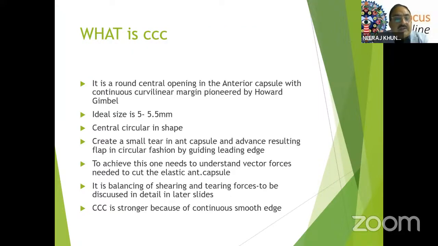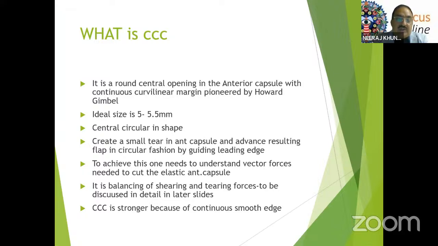So first, what is continuous curvilinear capsulorhexis? It is a round central opening in the anterior capsule with a continuous curvilinear margin pioneered by Howard Gimbel. Ideal size is 5 to 5.5 millimeter. It is central, circular in shape. We create a small tear in the anterior capsule and advance the resulting flap in circular fashion by guiding the leading edge.